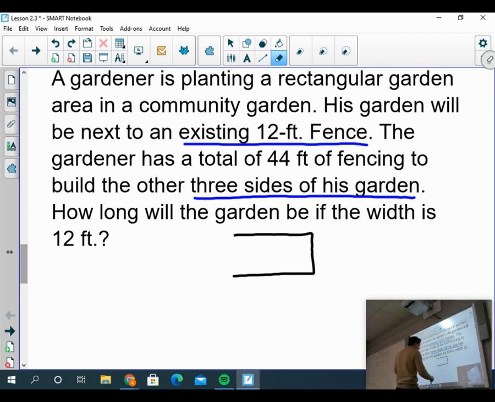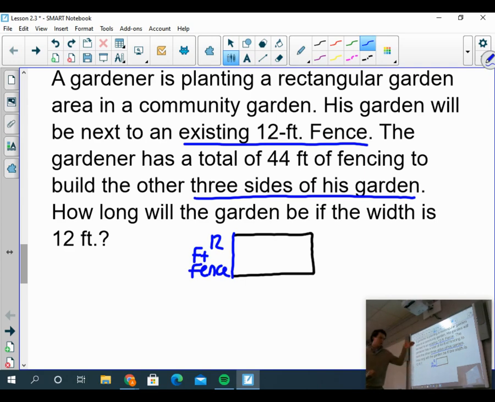So again, I'm going to use a different color here. What we can imagine is here is my 12-foot fence. Okay, that's someone else's fence. We're in this community garden. Maybe that's the end of their garden, and they said, hey, why double the resources? Just use my fence as a cutoff for your garden and my garden.